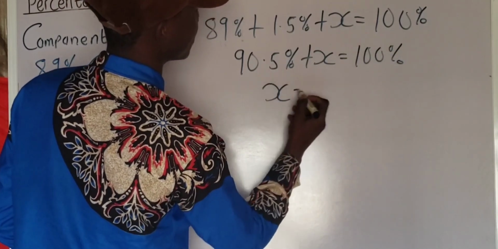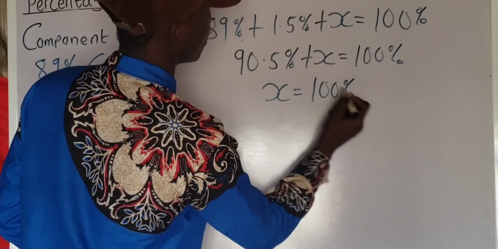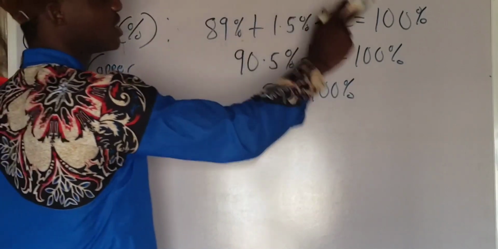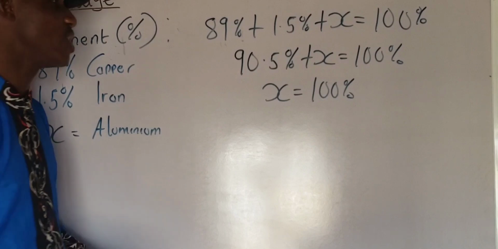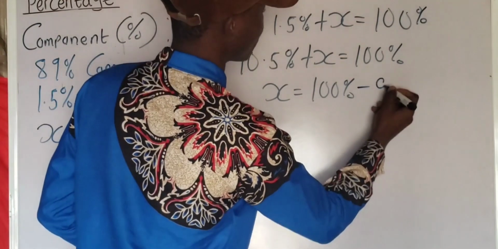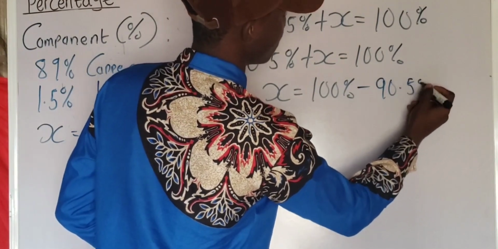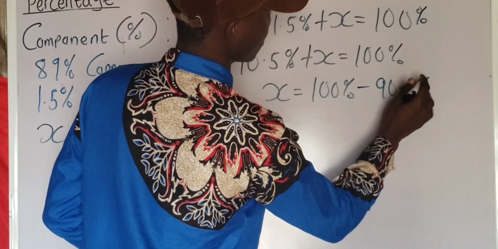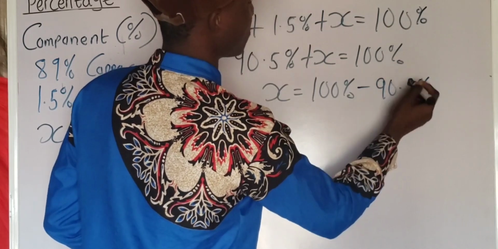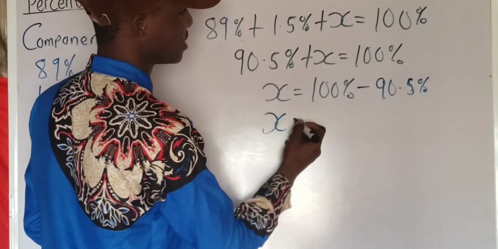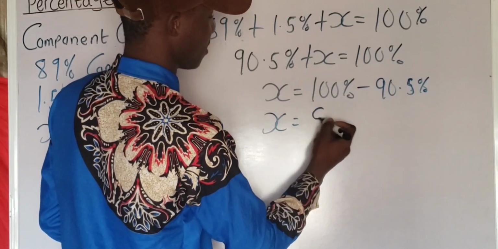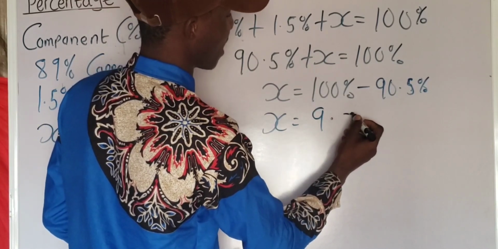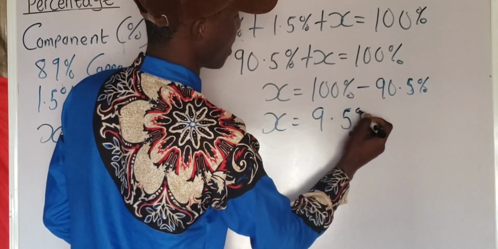So x is equal to 100%, because this has a positive sign, when it crosses the equals sign to the other side of the equation, it changes to negative. So I'm going to have negative 90.5%. So x is equal to this minus this, that is 9.5%.